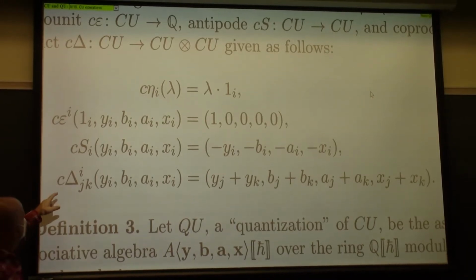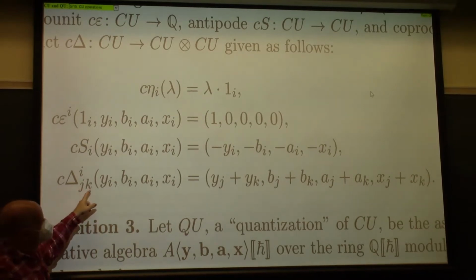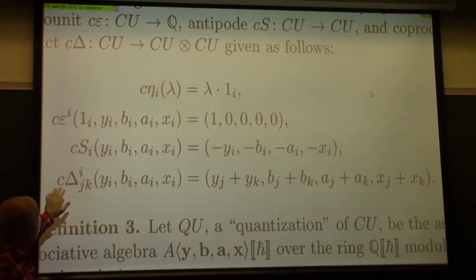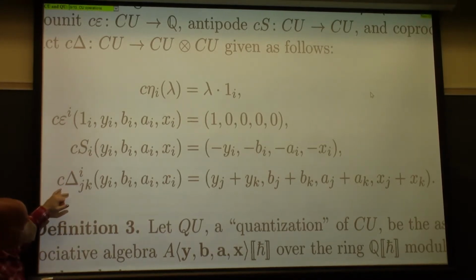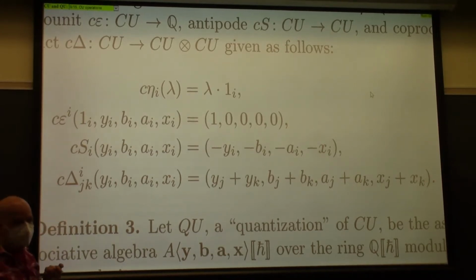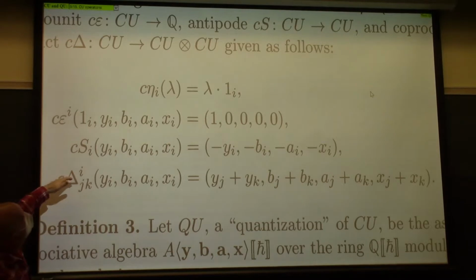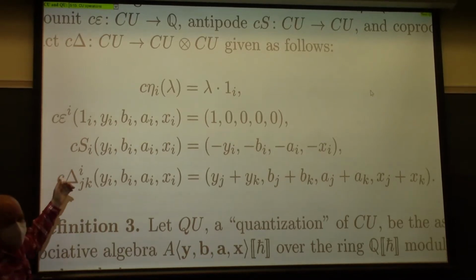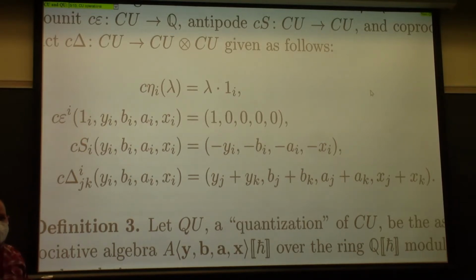So the coproduct. Let's mention the antipode later, but the coproduct is defined on the generators, and I plan this to be a Hopf algebra, or I'm defining it as a Hopf algebra, so the coproduct should be compatible with the product.